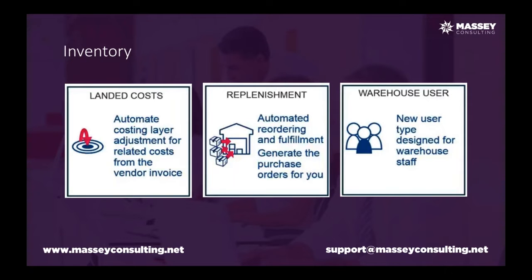So again, here's another way in which Sage Intacct is really stepping up the functionality inside the inventory module of Sage Intacct and giving you a really robust inventory system.